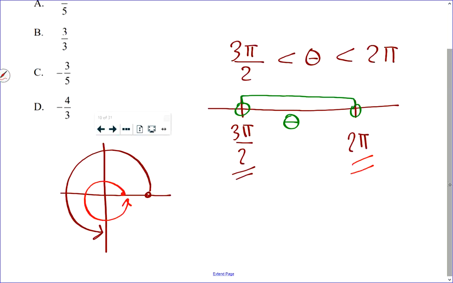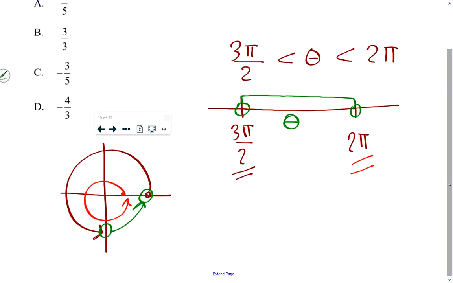So this area between 3 pi over 2 and 2 pi is from here to here. In other words, that's a very highfalutin way of saying the angle terminates, or the angle is located, or the terminal arm lies in quadrant 4.